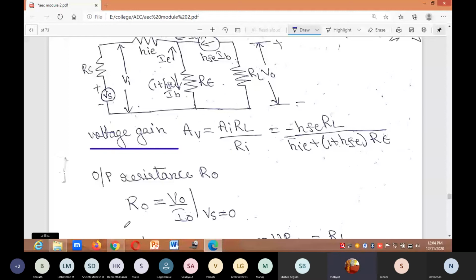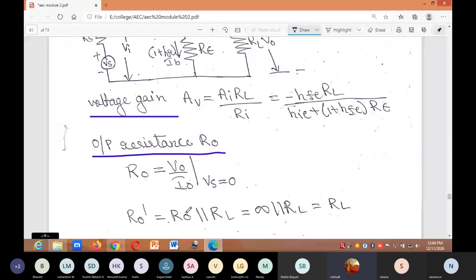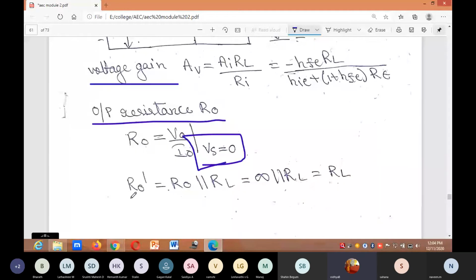Output resistance R naught is equal to V naught divided by I naught. In this case, we consider Vs is equal to 0. So you'll get R naught dash is equal to R naught parallel RL. Okay, R naught value is infinity. If you take infinity parallel with RL, you'll get RL only.